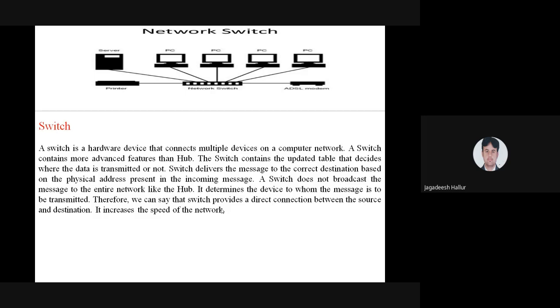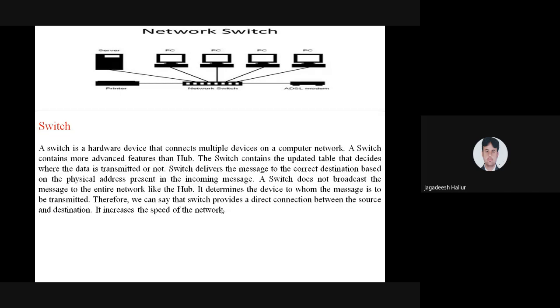A hub broadcasts all messages to the entire network and does not maintain any table, but a switch maintains the table, so it knows to which PC it has to send the particular message. Everything is maintained in that table.